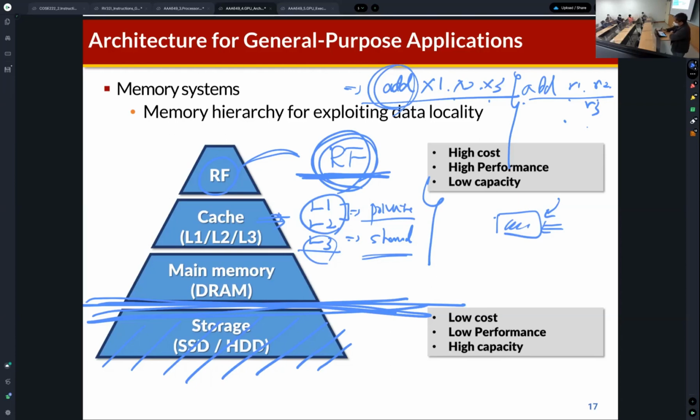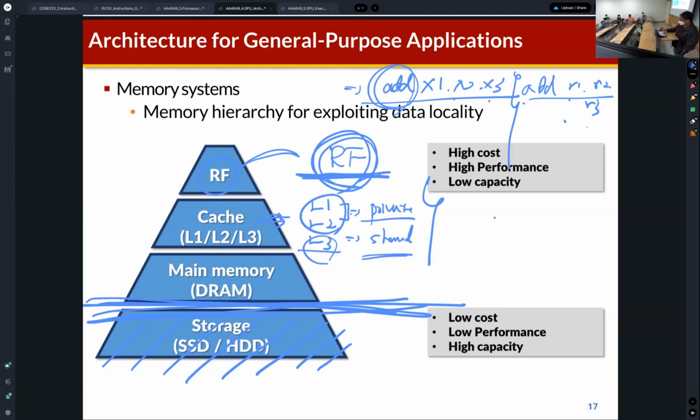But a GPU needs to support general applications, which means we do not know the data management or the data fetch and store control. It's not fixed. It is controlled by load or store instructions, but we don't know how the data will be used by instructions.